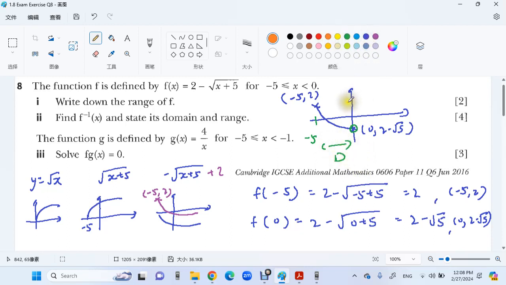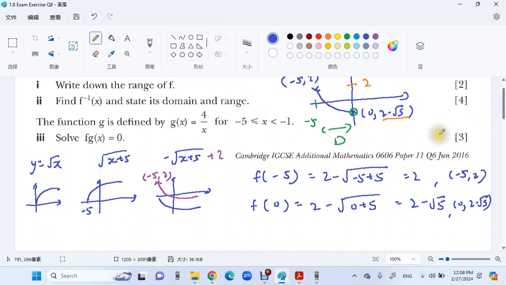And the range will be from the smallest value to the largest value. The largest value is 2, and the smallest value is this. So number 1, the range of f will be f(x) between 2 minus square root 5 and 2. 2 is inclusive, and 2 minus square root 5 is not inclusive.